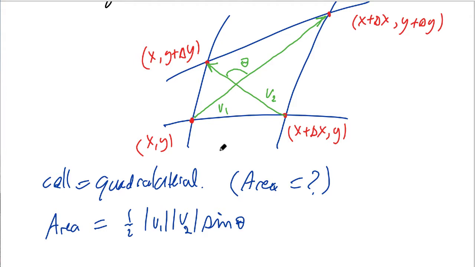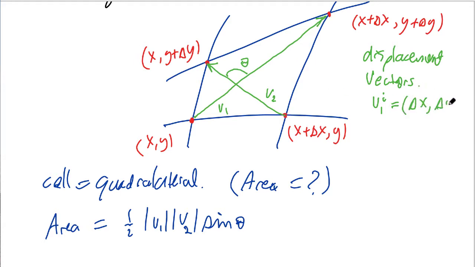Now these vectors v1 and v2 are just displacement vectors. So for a displacement vector, the components are just the changes in the coordinates. So the components of v1, well, the change in the x coordinate is just delta x, and the change in the y coordinate is delta y.